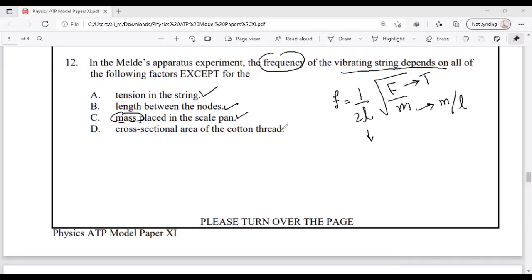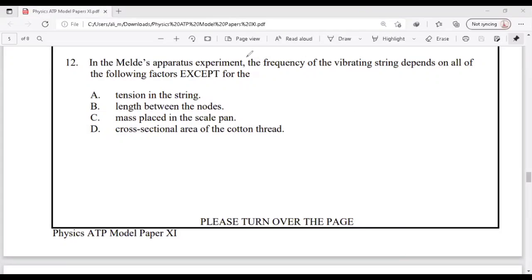So in a way, changing the mass could change the tension in the string and can alter the frequency of that wave. So the correct answer is cross sectional area of the cotton thread. By using any thread with any cross sectional area, the frequency of that standing wave would remain the same. So the correct answer is option D.